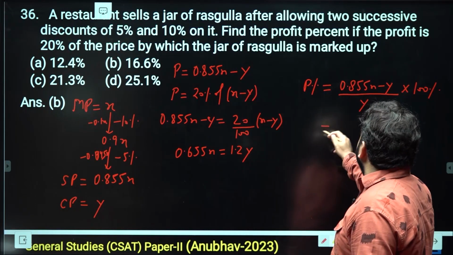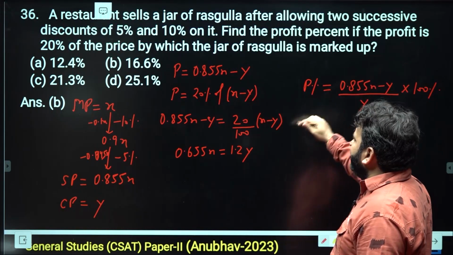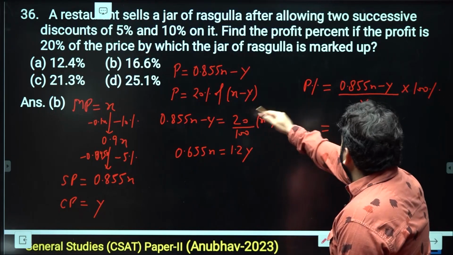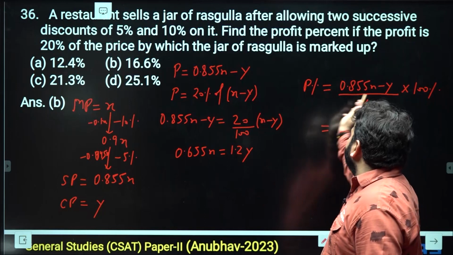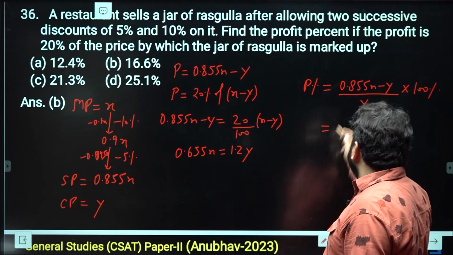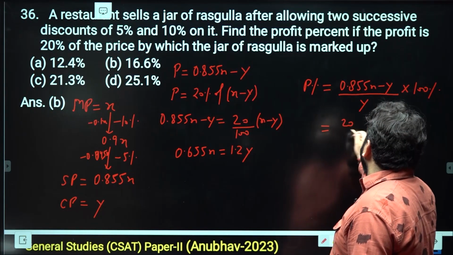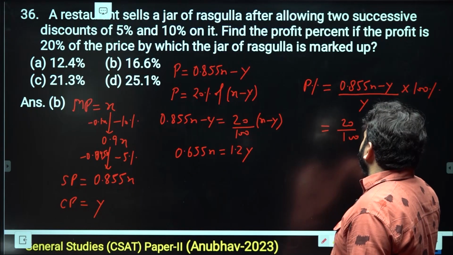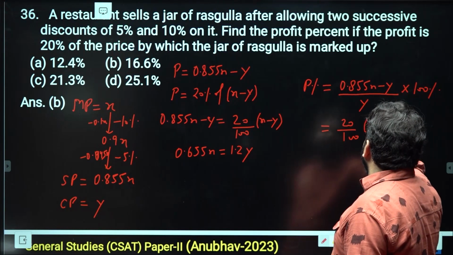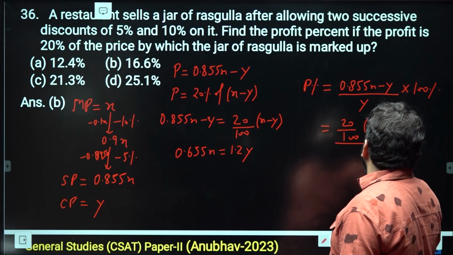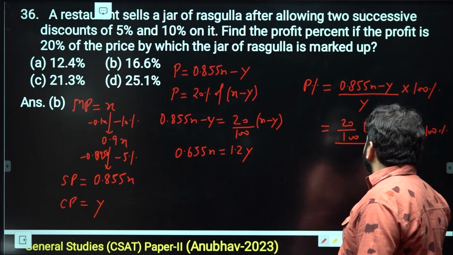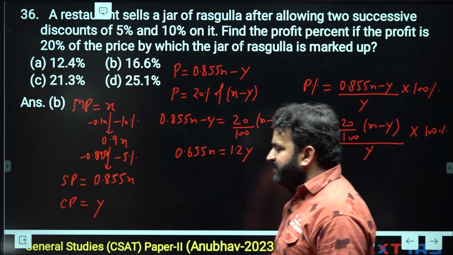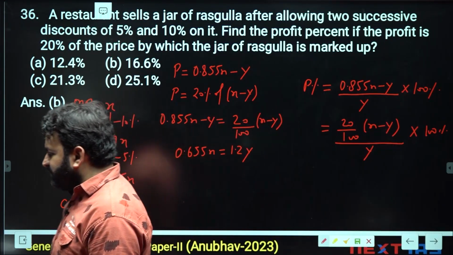Now here, see, in place of 0.855x minus y, what can you do? Use 20/100, because if you start expressing in these terms, it can become complicated. So instead of this, you can also write 20/100 into x minus y upon y into 100%. This way also you can solve it.